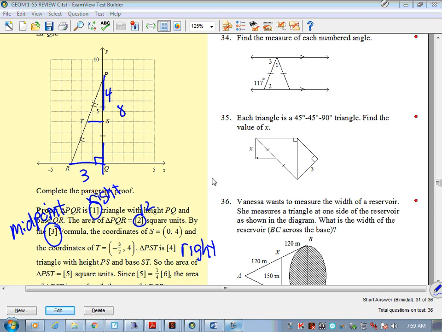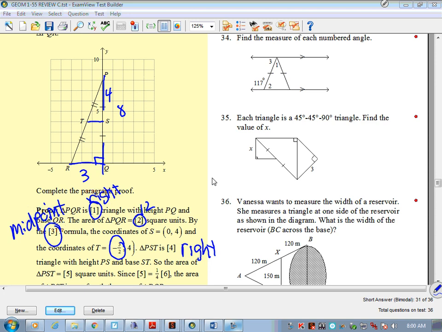We actually do need to find out what that length is. And so in order to find out what TS is, you need to look at T. T is -3/2 to the left of S, because S is on the y-axis.